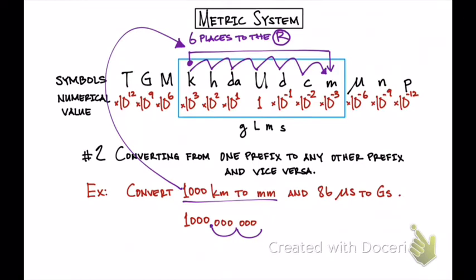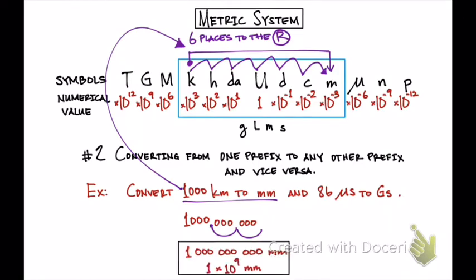All right, so we have a total of 1 billion millimeters. So 1,000 kilometers is equivalent to 1 billion millimeters. And you can convert this to scientific notation, so you don't have to keep writing the zeros. So it's 1 times 10 raised to the 9th power millimeters. Okay, so make sure you know how to convert from standard notation to scientific notation and vice versa.